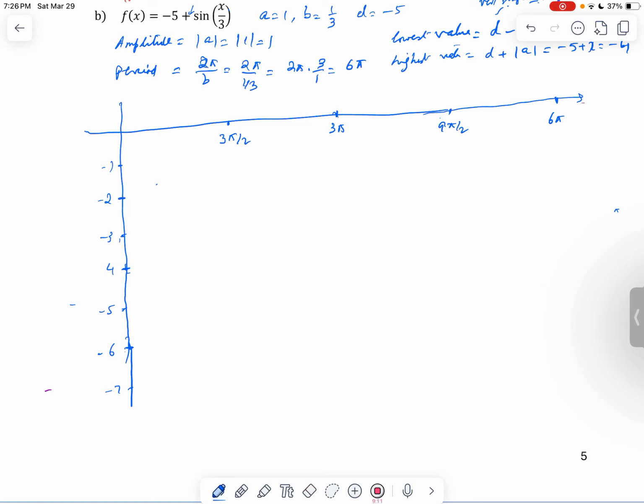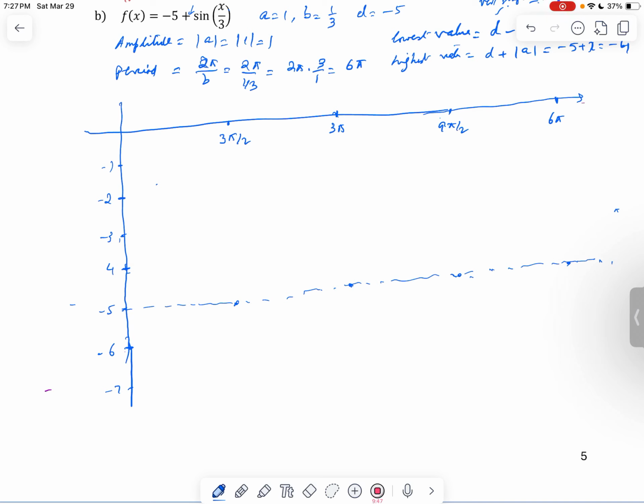It is not flipping about the x-axis, so it will stay as it is, and we have to move it down 5 units. So what will I do? I will draw a horizontal dashed line and basically transfer my points here. So where will sine be crossing?